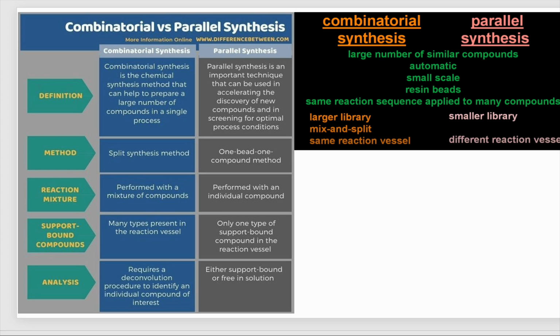You do this just to create a large library of molecules, and in the same vessel see whether it will have some kind of activity or not. Suppose you put a protein there, and if it reacts, then we say it has some kind of activity. Maybe we can slowly figure out which compound is of our interest. It's very messy, and that's how combinatorial synthesis works. Is that clear?